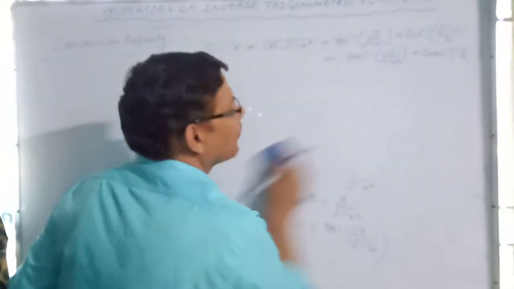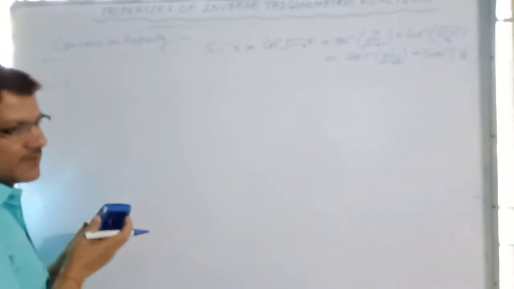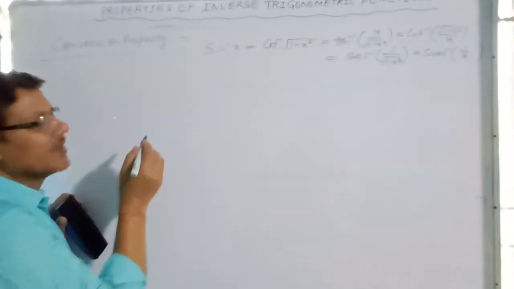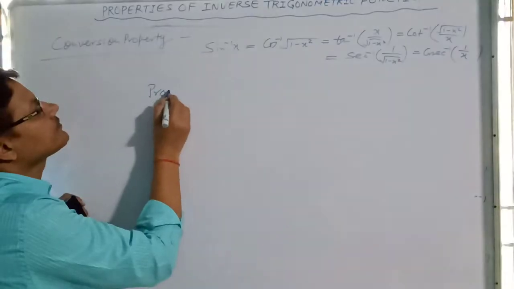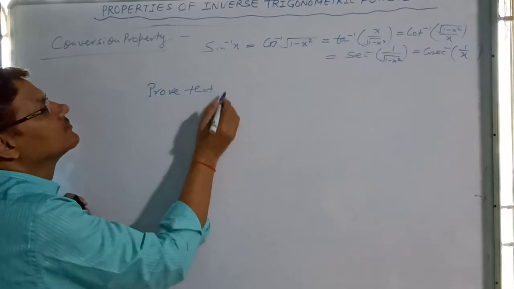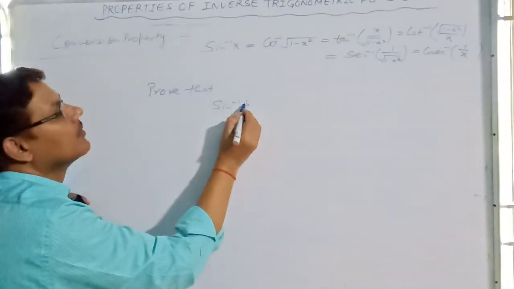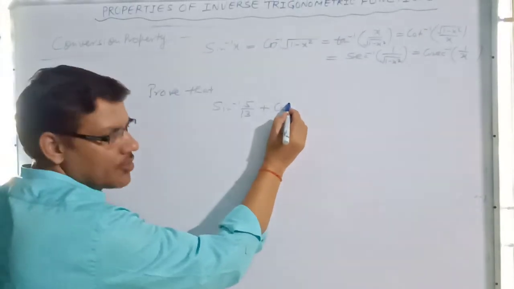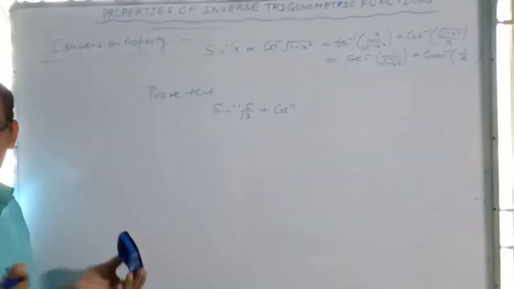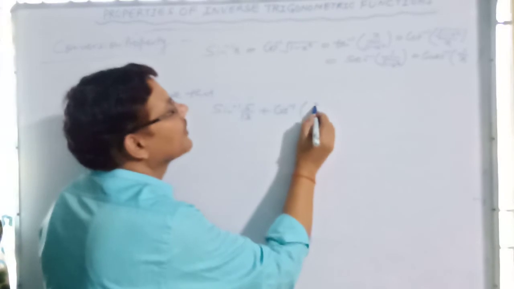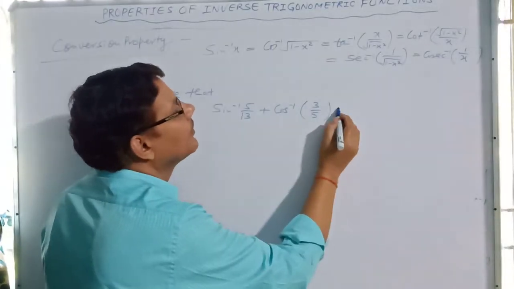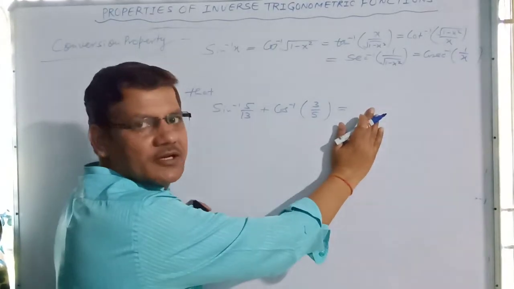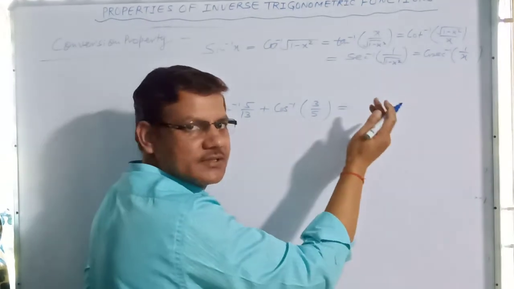Now, when we wish to solve a question, for example, here I am taking a question: prove that sin inverse 5 by 13 plus cos inverse 3 by 5, which may be taken as any ratio, is equal to, it may be proved in terms of sin or cos or other, since six are there.